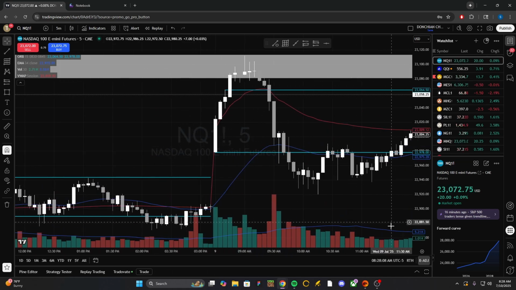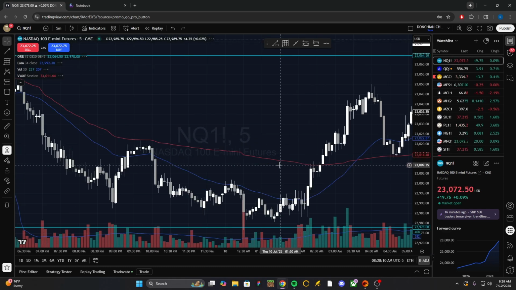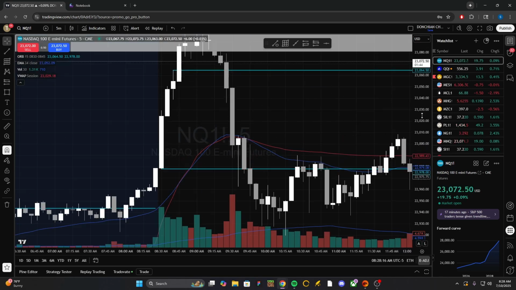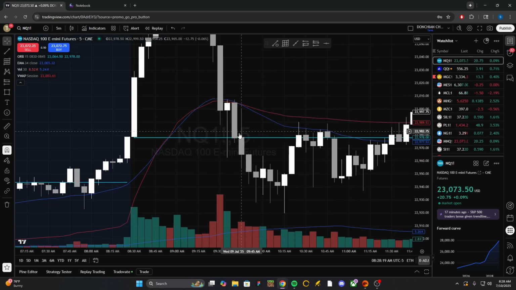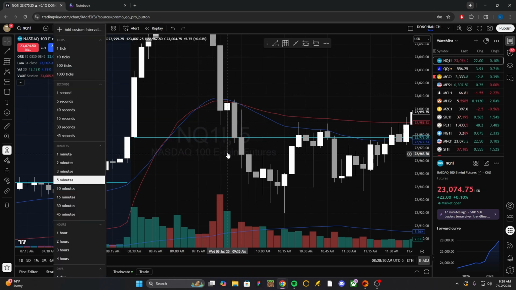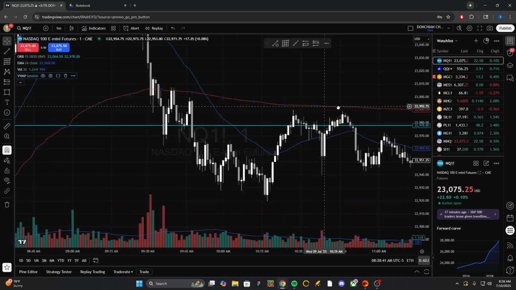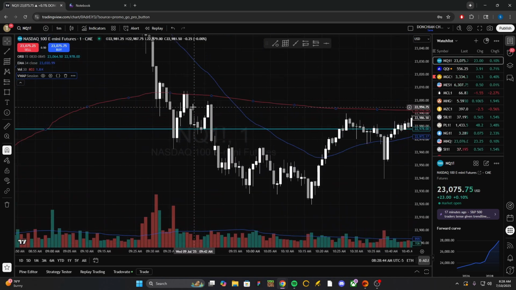So actually what we should have done that day was wait for it to come down, retrace. So look, this is the retrace here. Comes down, retraces, and then we enter on this candle. Stop loss would have been above these highs.